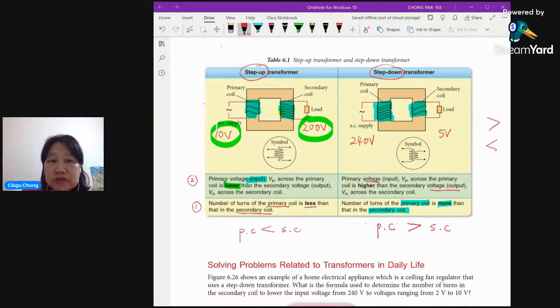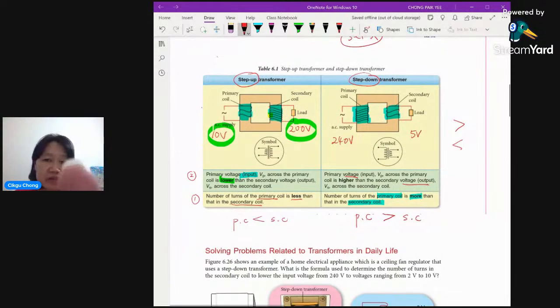But don't forget, for step-down transformer, the input voltage is higher than the output voltage. That is already complete because you mentioned this side, you mentioned that side, and you put the 'but' in between. Okay, so these are the differences.